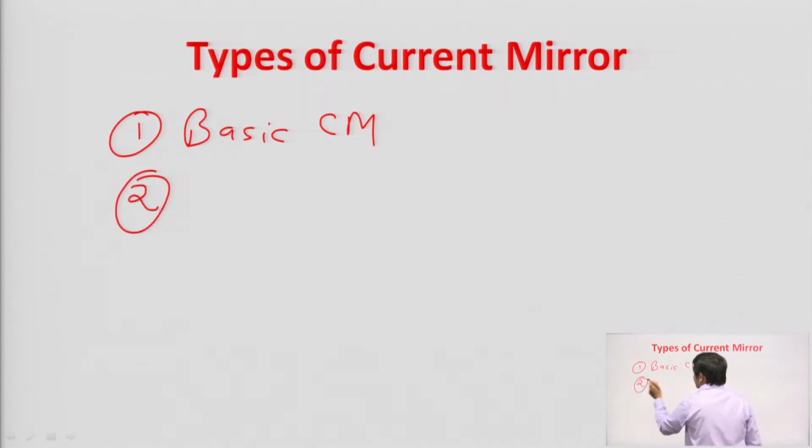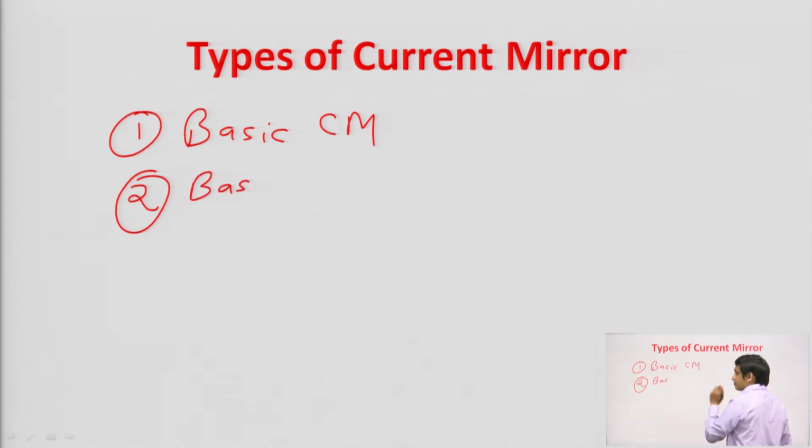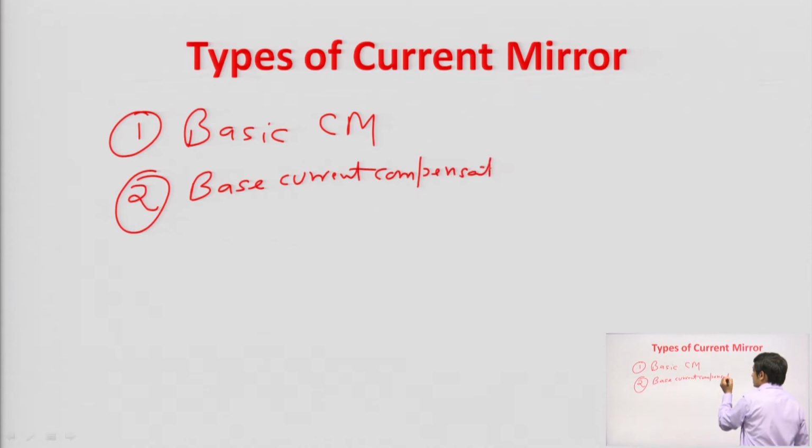Then there is some problem associated with the basic current mirror. To remove this problem, there are various current mirrors proposed in the literature. One is the base current compensated current mirror.